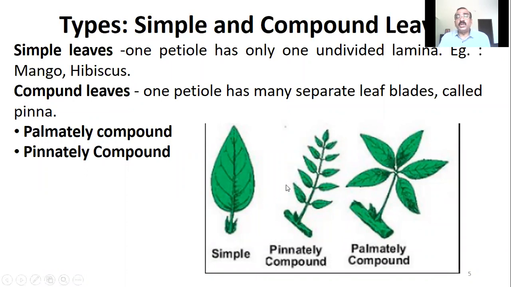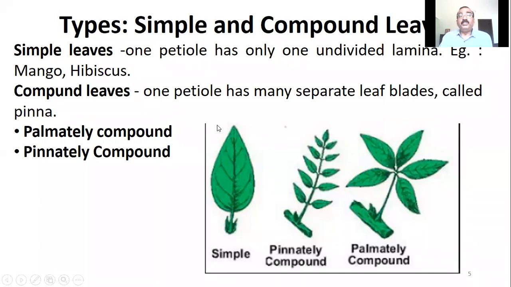Now, compound leaves means the petiole will have a divided or lobed lamina like this. So you can look at these two diagrams. Here, this is a petiole, but on the petiole, the leaf blades are divided, they are lobed. So you don't have a single undivided blade like this, but the lamina is divided into many lobes.